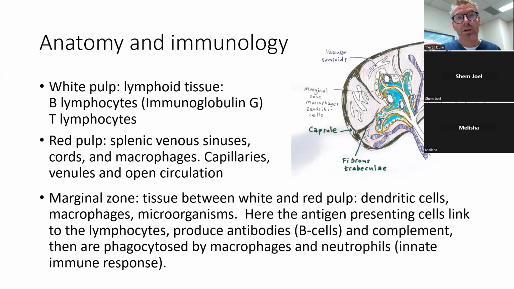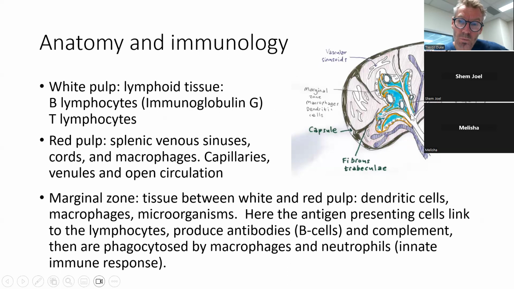They're not like blood vessels. They're like very large lakes of blood, and the blood can sit there and be cleaned and enter back into the endothelium cells, back into the splenic veins, and then out through the splenic vein.